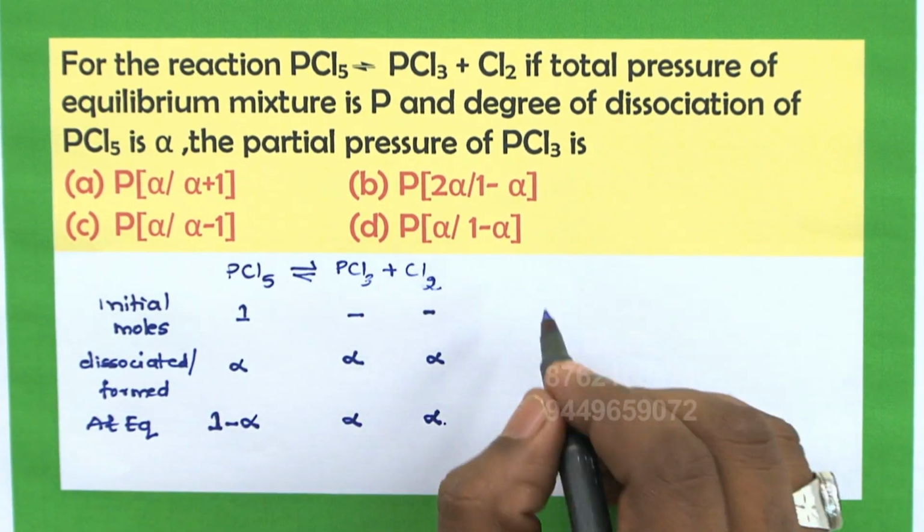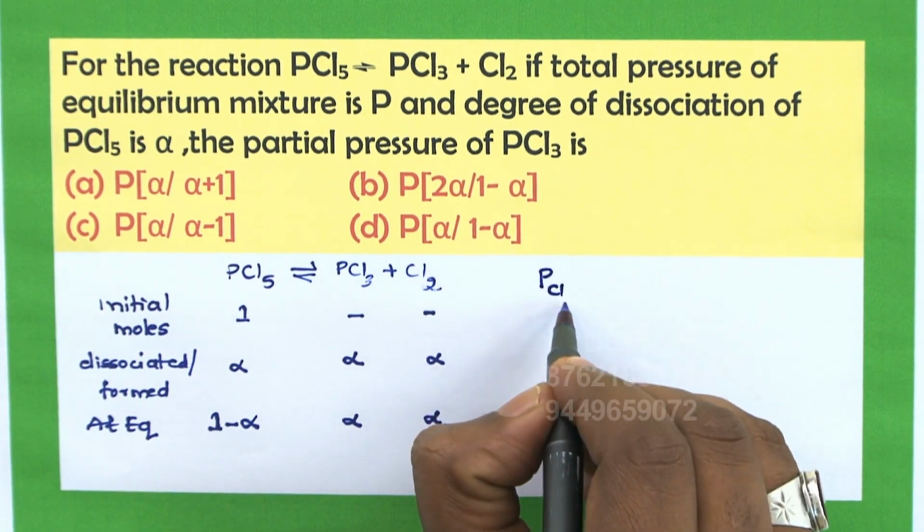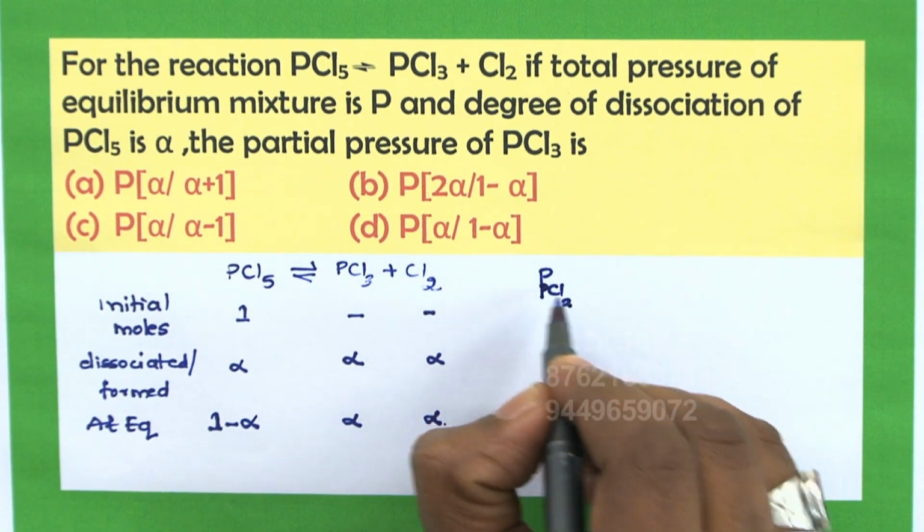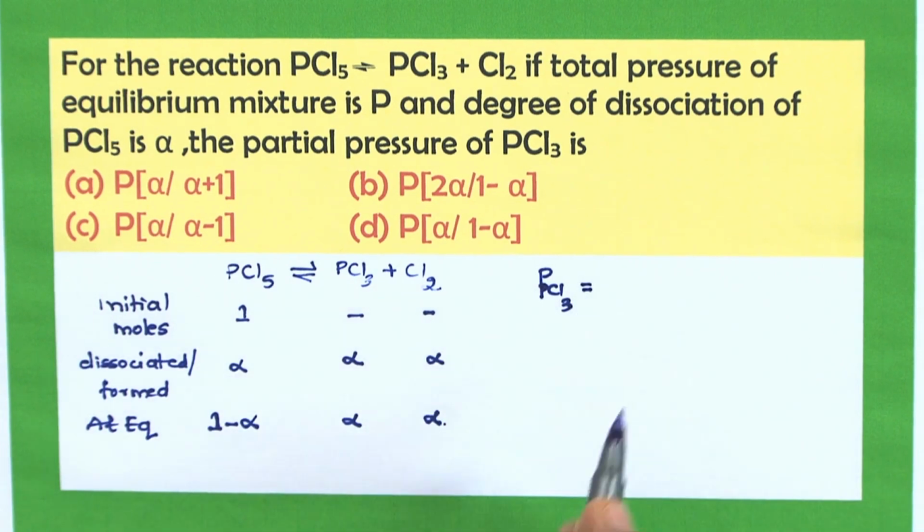Now, we require the partial pressure of PCl3. As I said, partial pressure of PCl3 will be equal to number of moles of PCl3 at equilibrium divided by total number of moles into the total pressure.